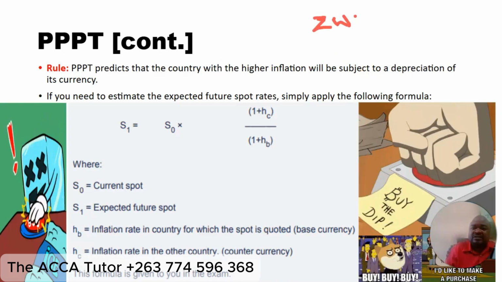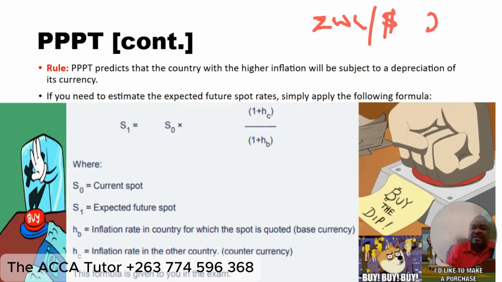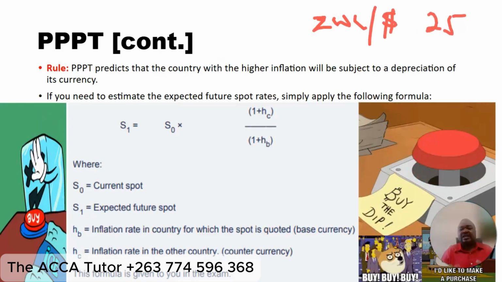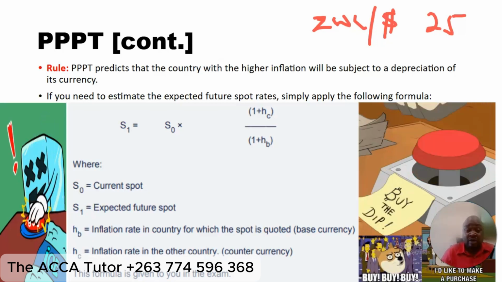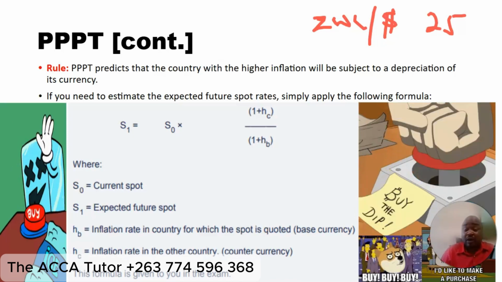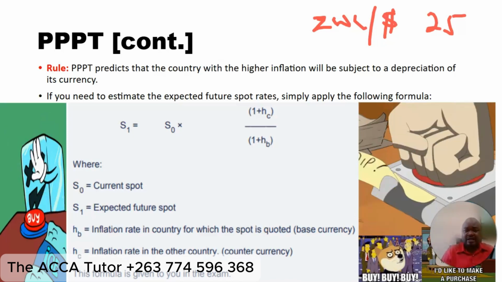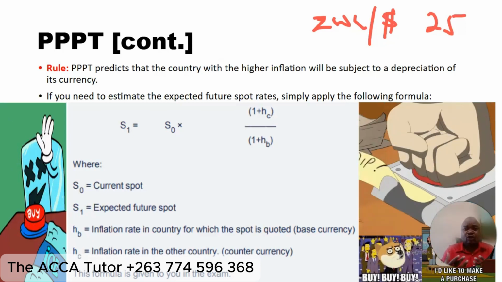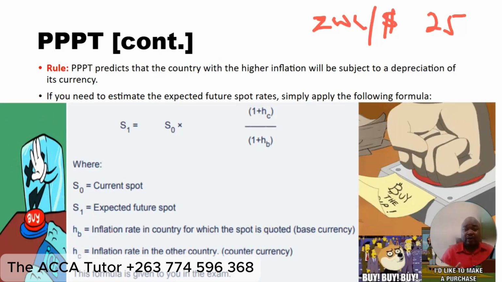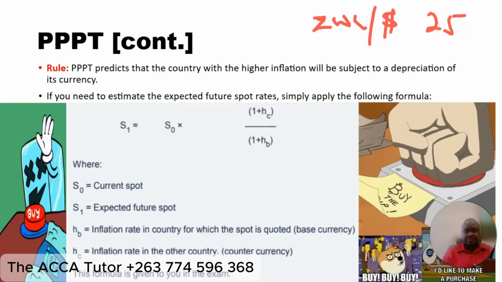We talked of the ZWL per dollar rate, where I say that sometime in January it was 25 ZWL to $1. As you can see, this rate is quoted in USD terms.